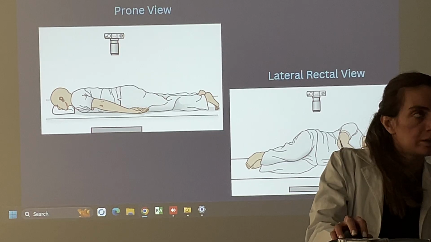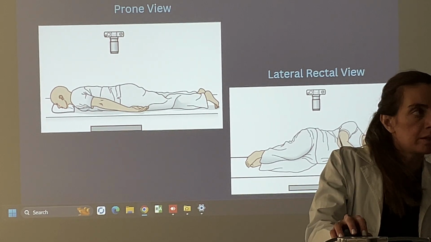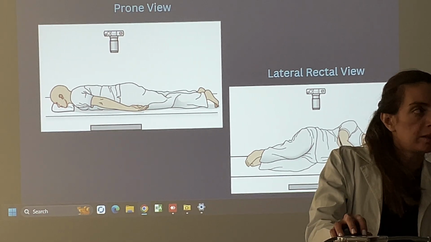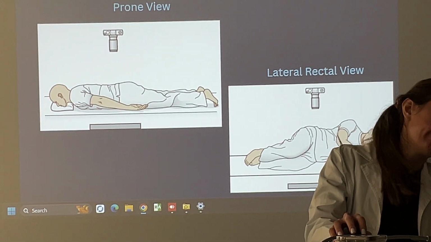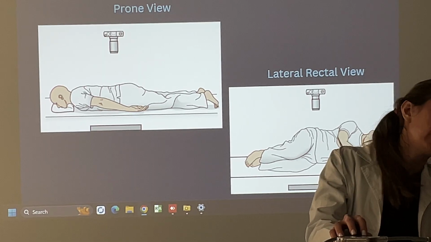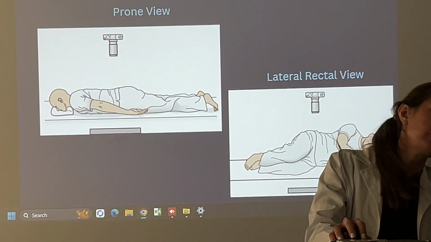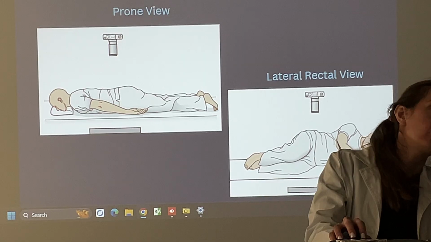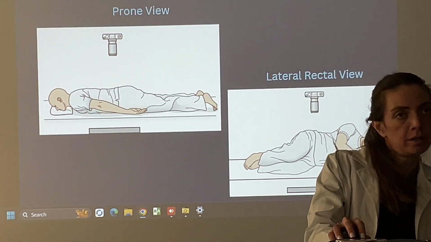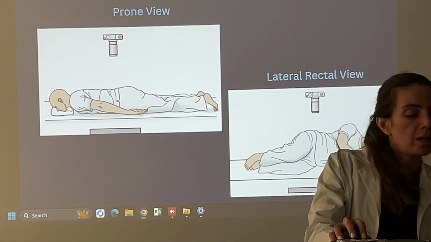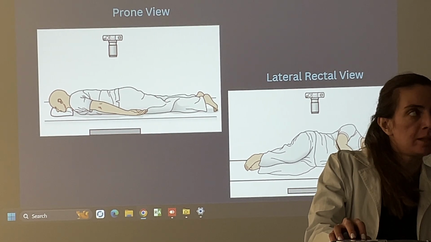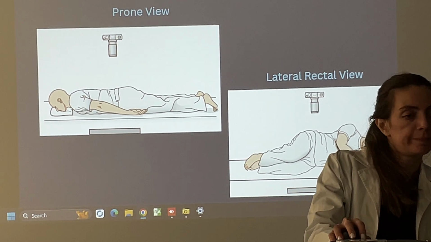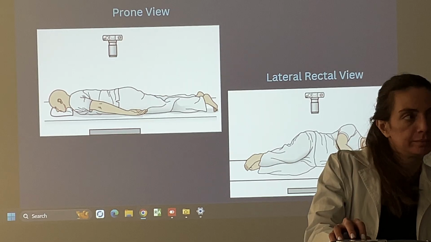When should you think that there is something acute just by looking at the gas pattern? Where should you see abnormal gas or air on X-rays, and when will it be an acute condition? Small bowel.